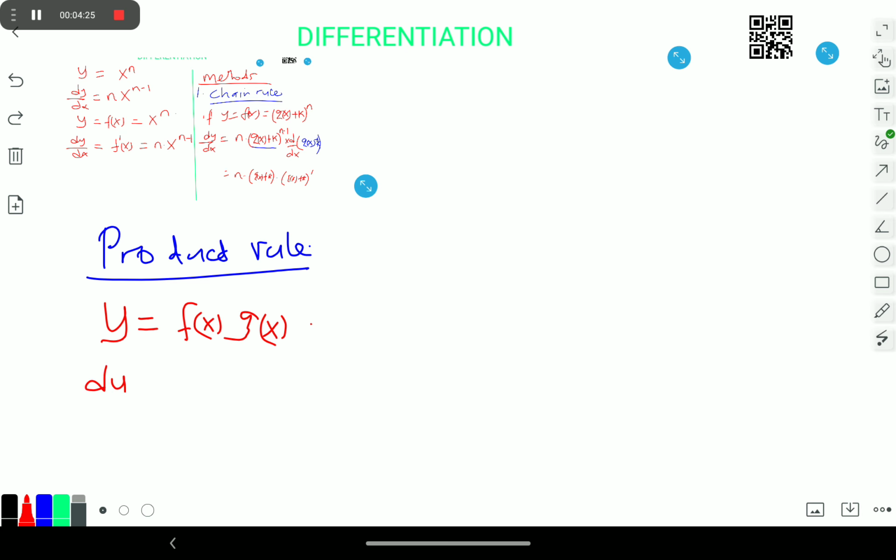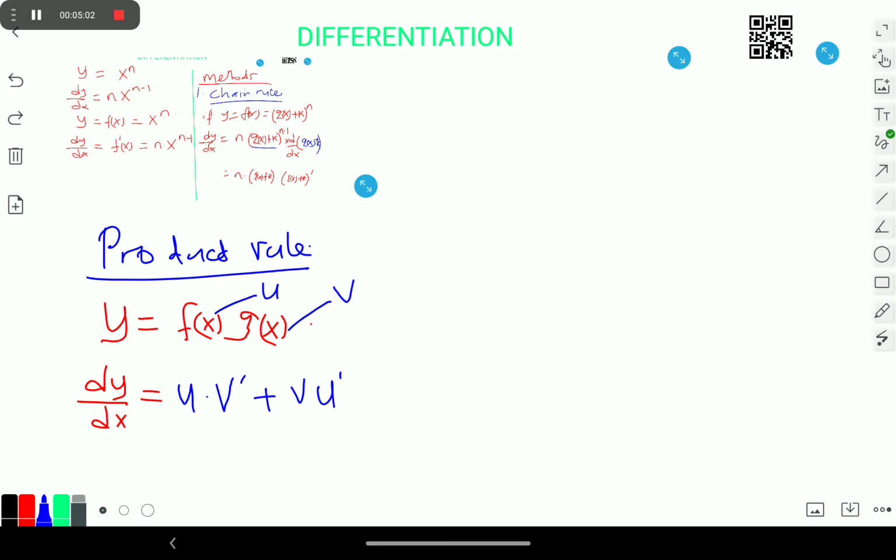The derivative dy/dx: we label this one u and this one v. So the general formula for dy/dx is u times the derivative of v, plus v times the derivative of u.